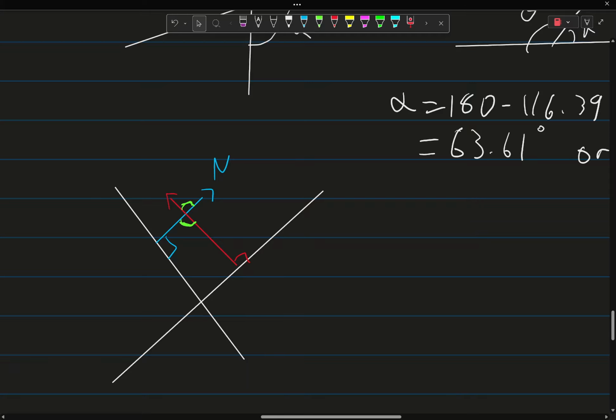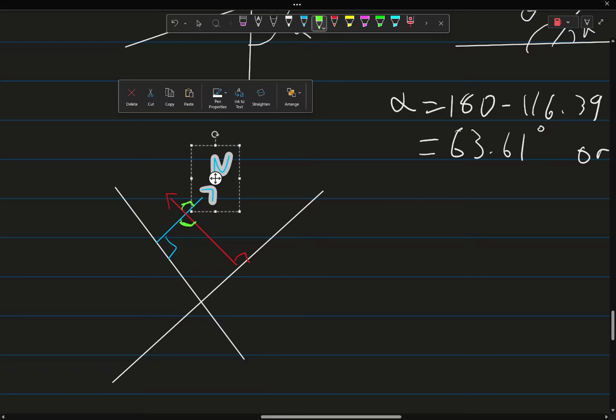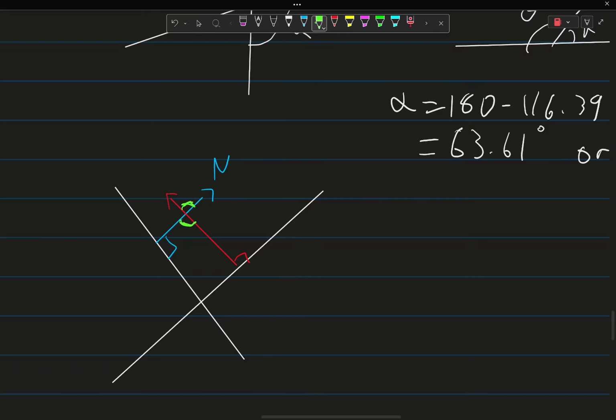Since they're straight lines, the angles across from each other at the intersection of the lines will be the same. And because these are 90 degrees, that means this angle here, let's call that theta and that alpha.